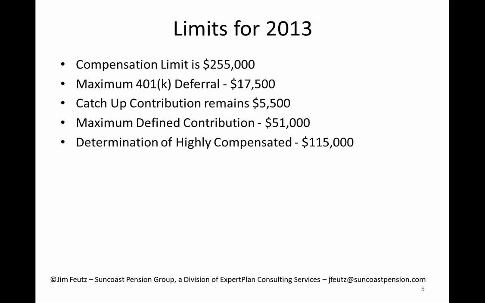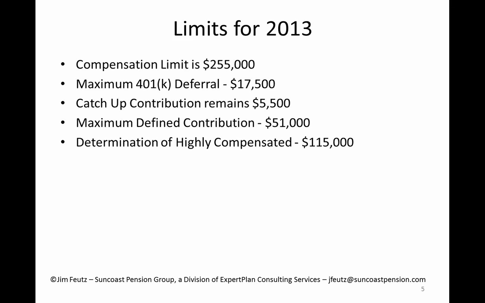Now, one of the important determinations when you do non-discrimination testing is who is a highly compensated employee. Well, any person who owns more than 5% of the owner, either in the current year or the prior year, is automatically highly compensated for the current year. In addition, based on the pay of the other employees, anybody who makes over a certain limit in the prior year is highly compensated for the current year.